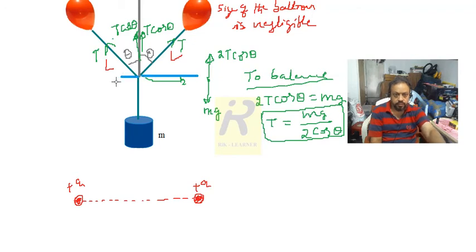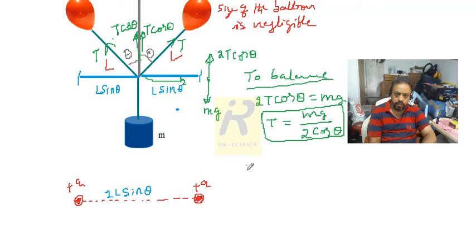When I take the component of this length along this line, it will be L sin theta and L sin theta. Therefore, the complete distance between two balloons must be 2L sin theta.